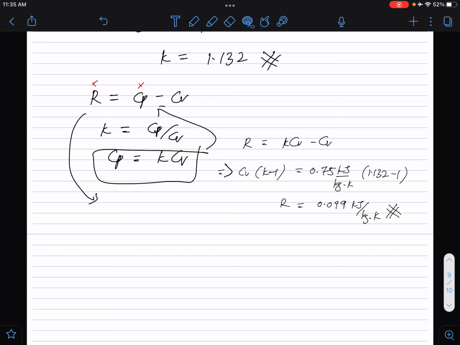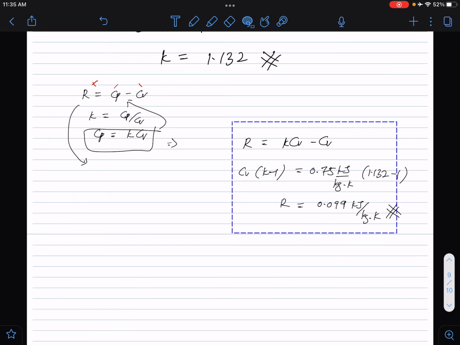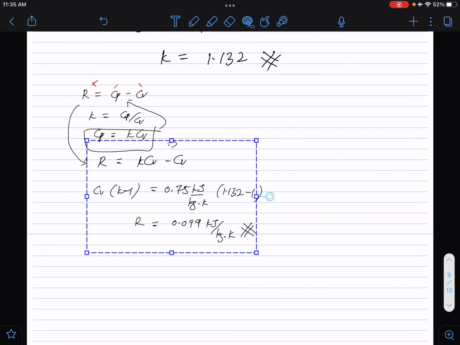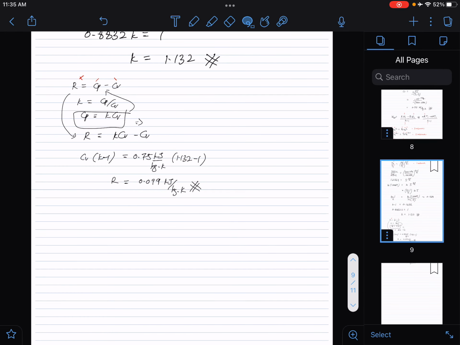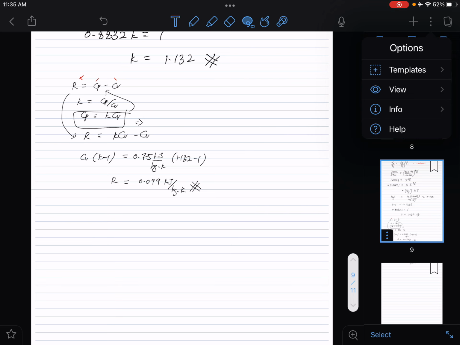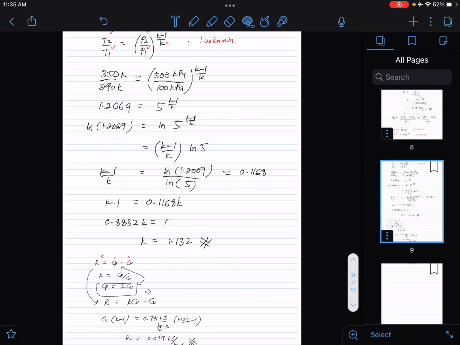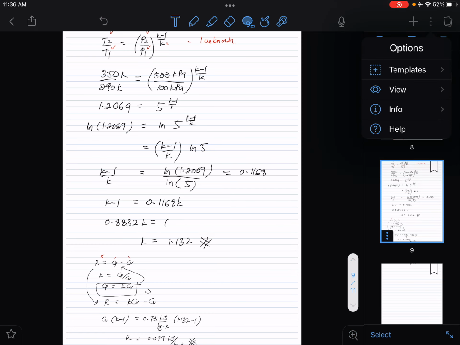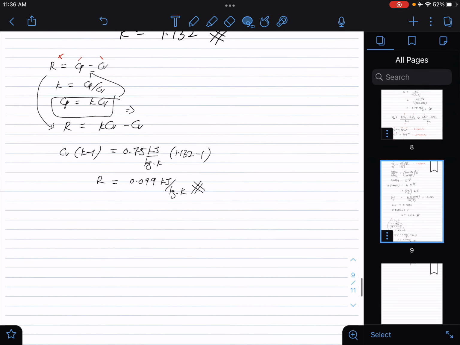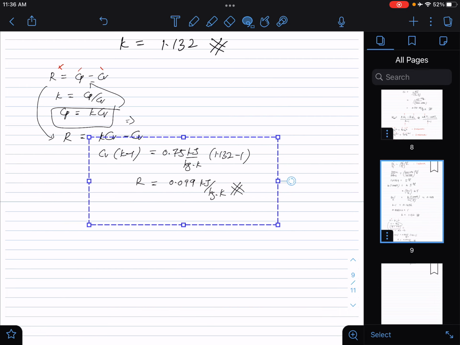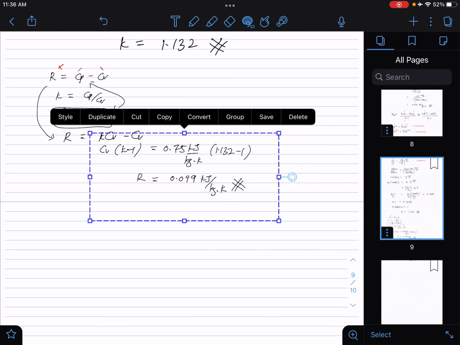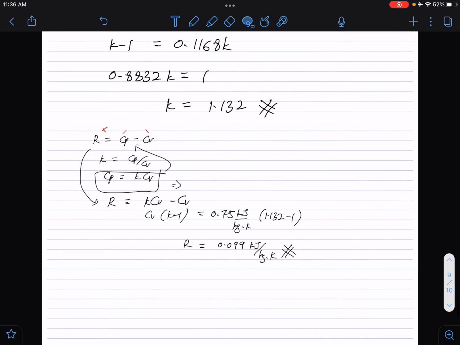We can make it smaller. Right, so that's all on the adiabatic problems.